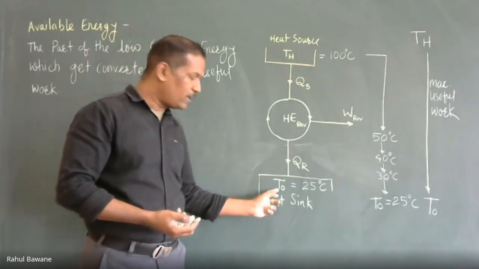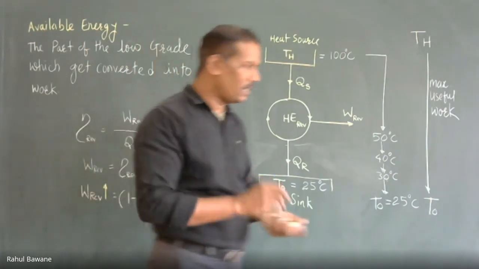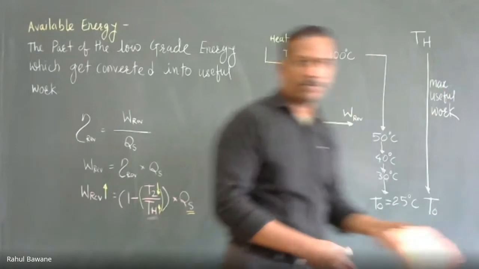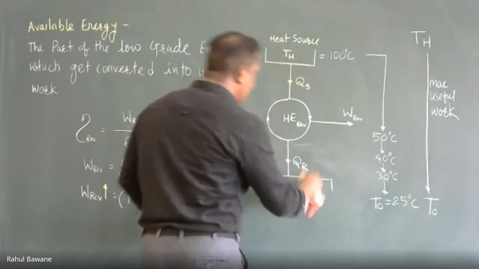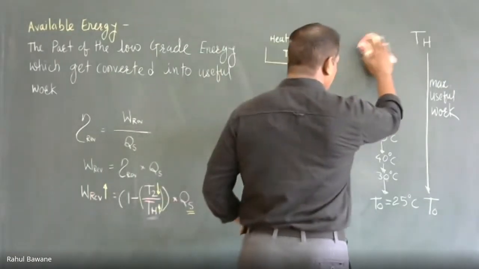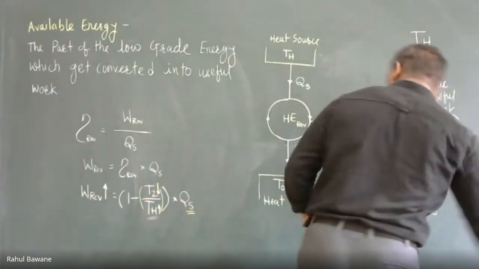So this atmospheric temperature is a dead state. After that, I can't decrease the temperature. So that is called dead state.